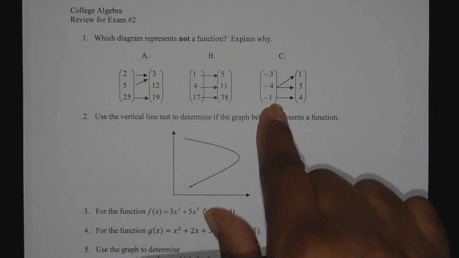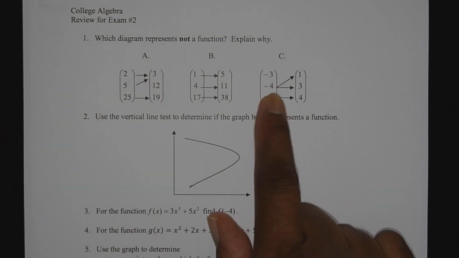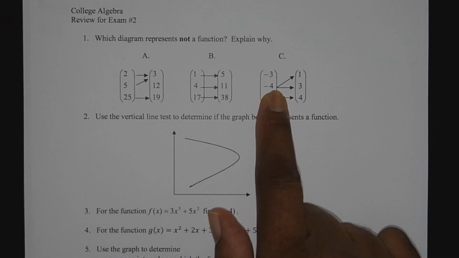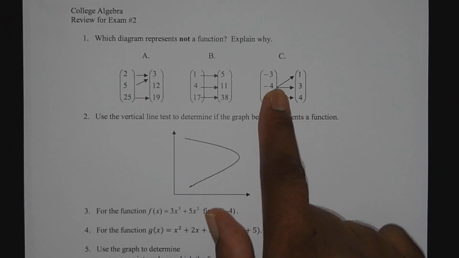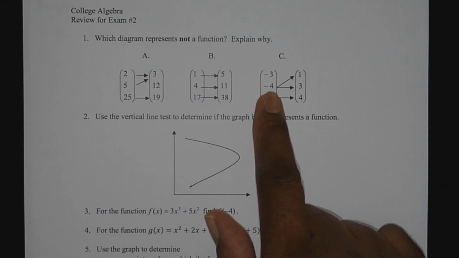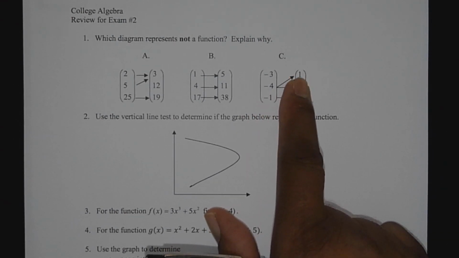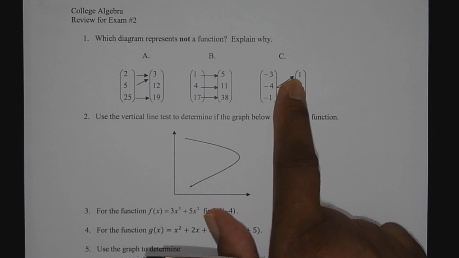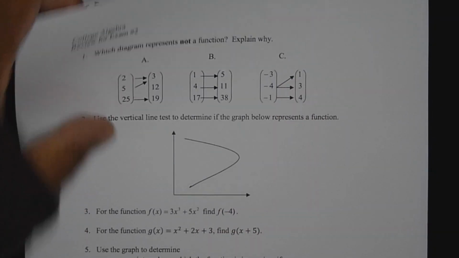So mapping C is not a function, and what would be a reason that C is not a function? Well, you got -4. It's going to two different y values, 1 and 3. Okay?